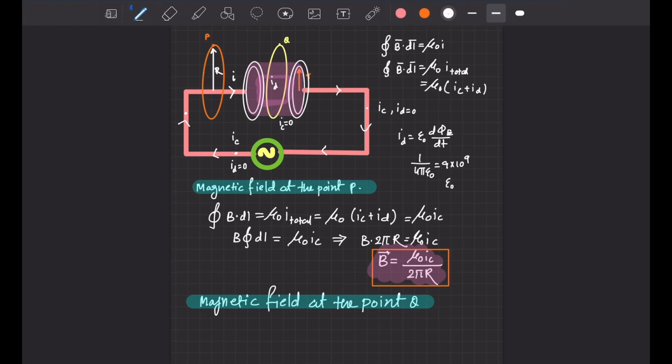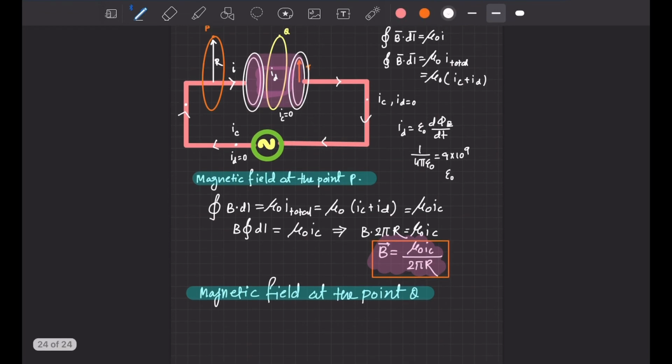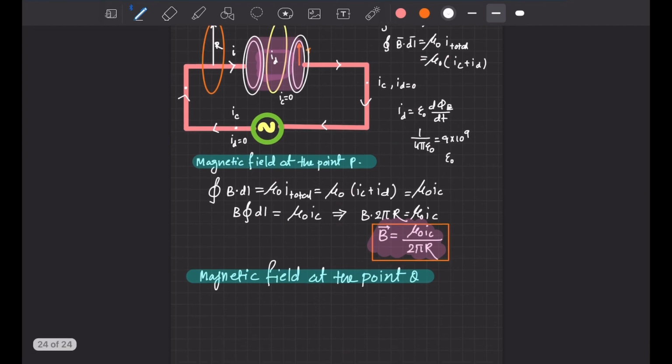All right, so in order to do that, we should write the Ampere formula, right? So the Ampere formula is this: B dot dl is equal to mu naught I total, right? So that is equal to mu naught I total, meaning IC plus ID, right?